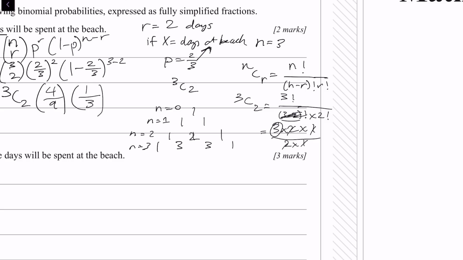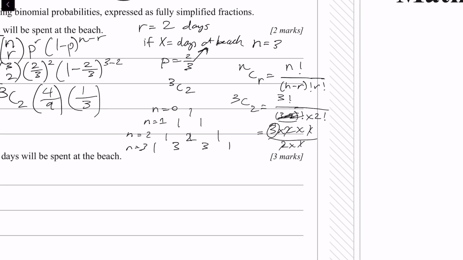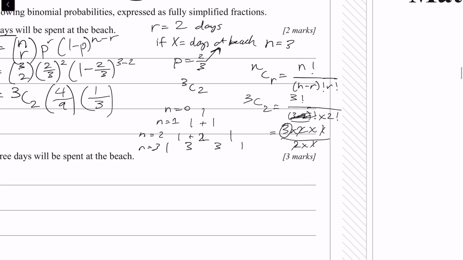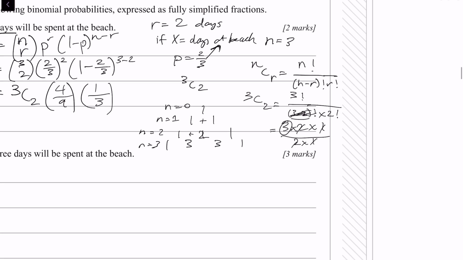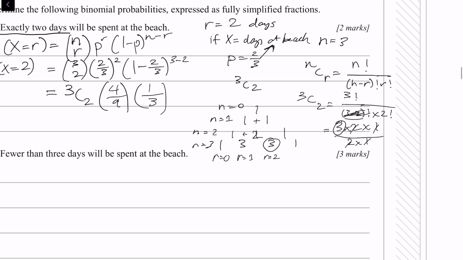Basically I have 1s all over my diagonals at the ends, and then I'm adding the 2 numbers on the top from the left and right to make my middle number, like 1 plus 1 would be 2, 1 plus 2 is 3, etc. And so at n equals 3, I just count from, basically this is my r, the columns now, r equals 0, r equals 1, r equals 2, and that's my value there, so 3 is my value.